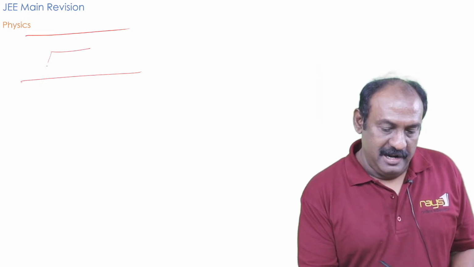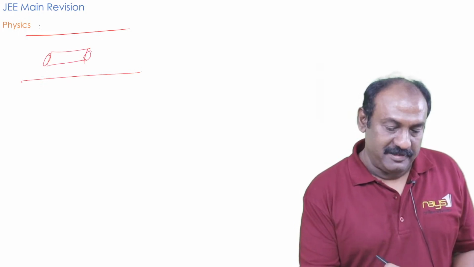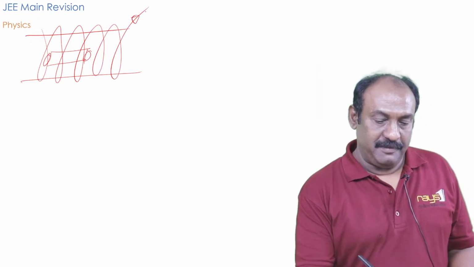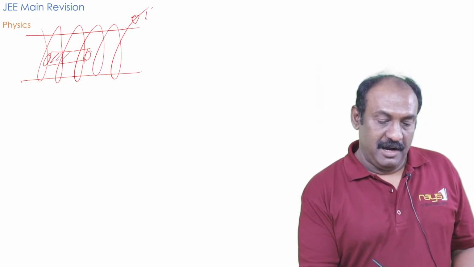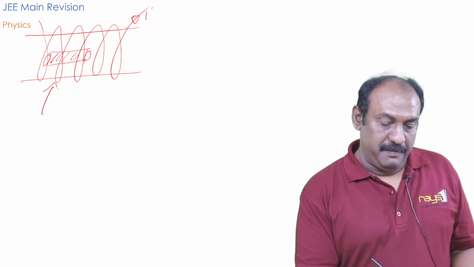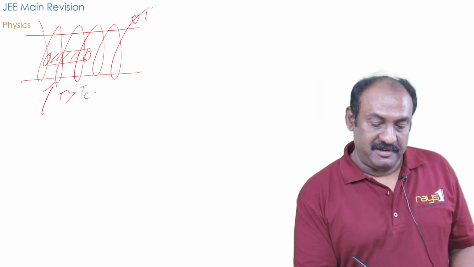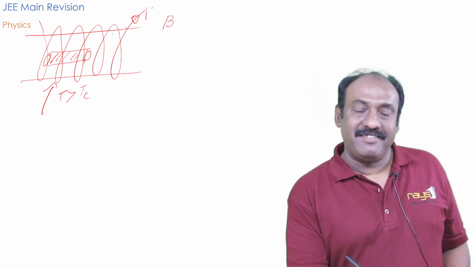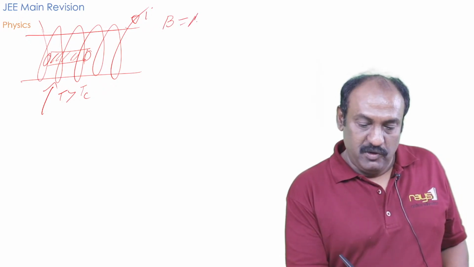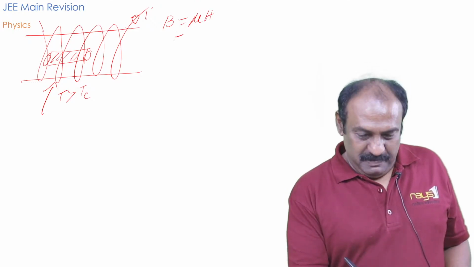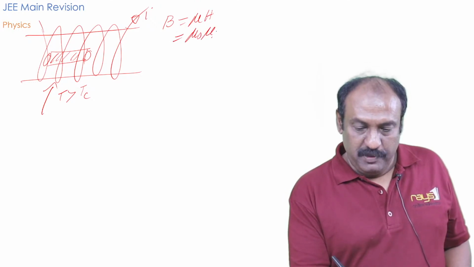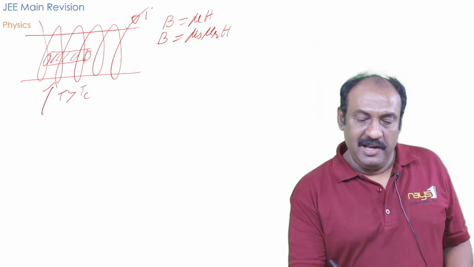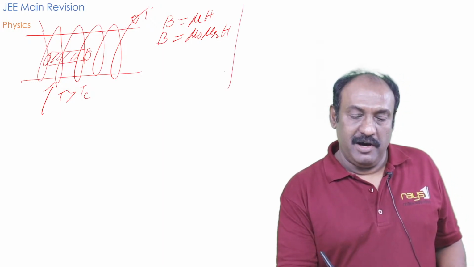In a solenoid, a soft iron cylinder is kept like this. It carries some current I. So in this soft iron cylinder, when it is heated above Curie temperature, in this case, what is the magnetic field induction inside of the solenoid? That is mu into H. In place of mu, I write mu naught into mu r into H. So here mu r value decreases. So what is mu r value here?